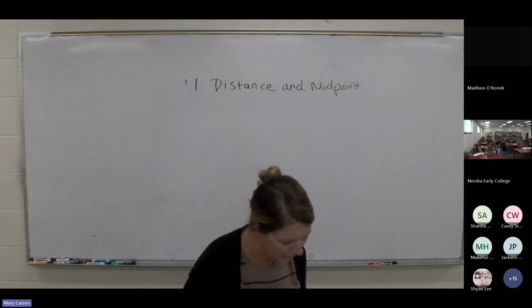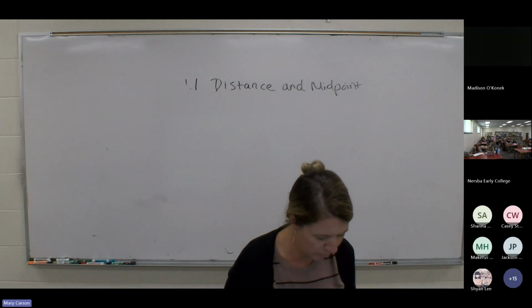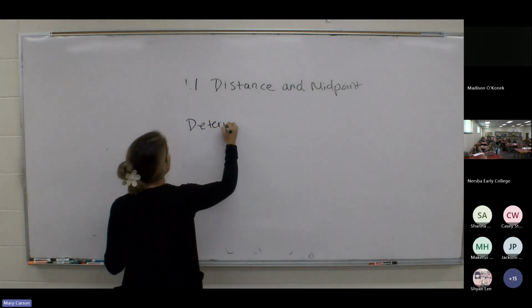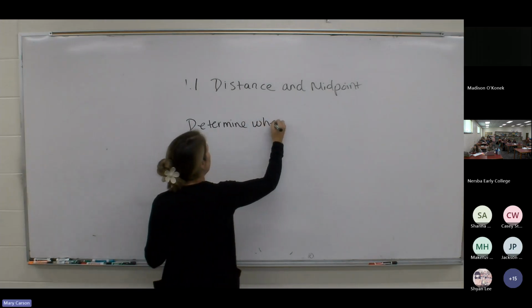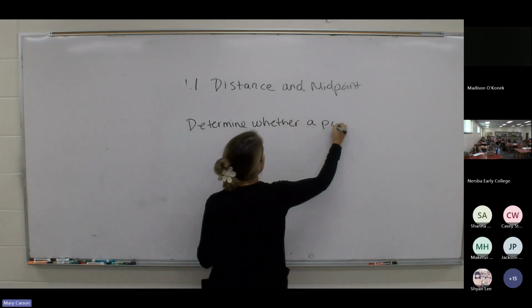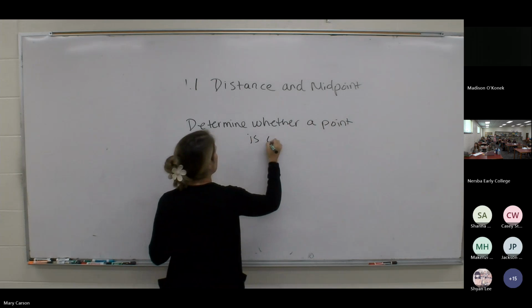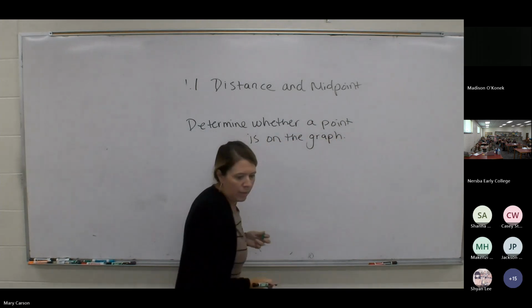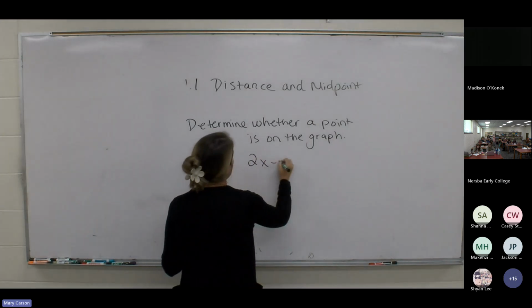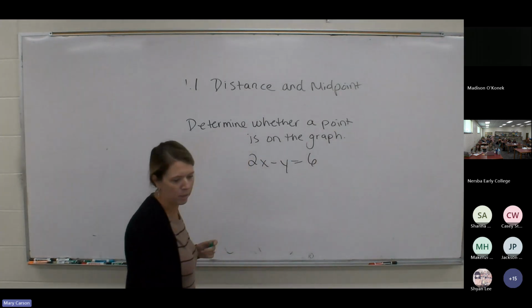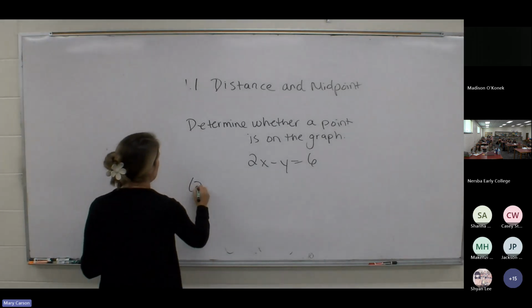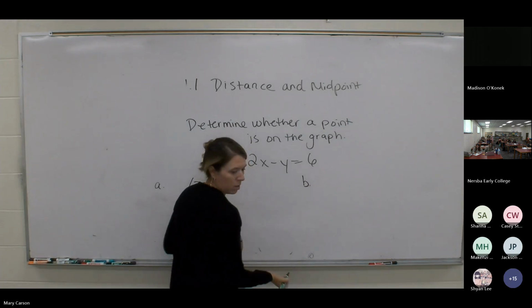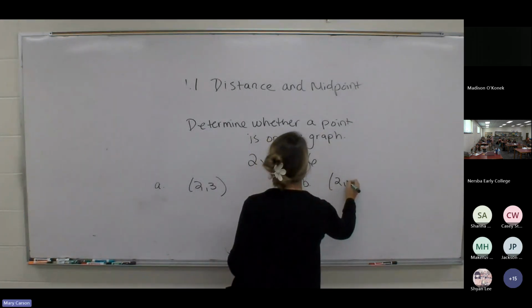Okay, next thing is you're gonna have to be able to determine whether a point is on the graph or not. So if I give you guys, determine whether a point is on the graph, and let's say we have 2x minus y equals 6, and I'll give you guys the points (2, 3) and (2, -2).